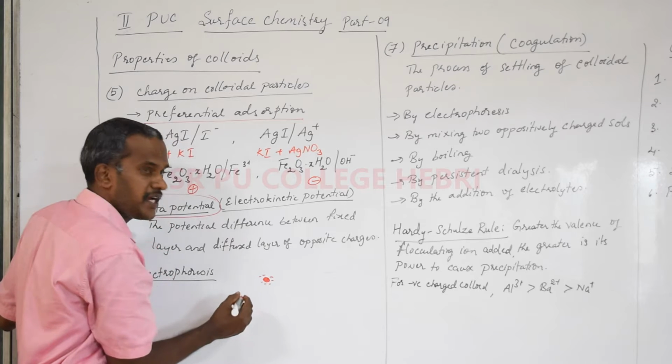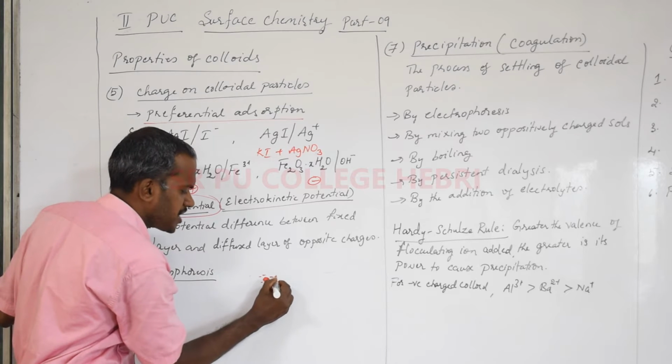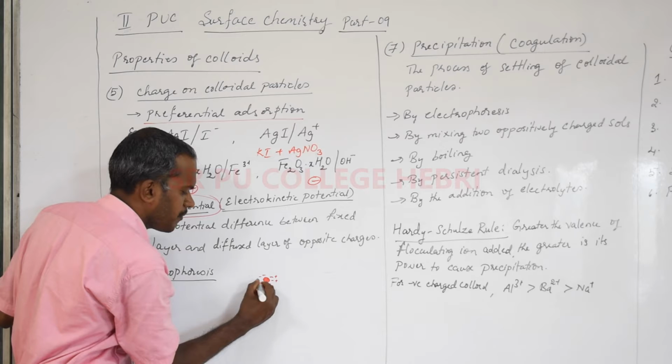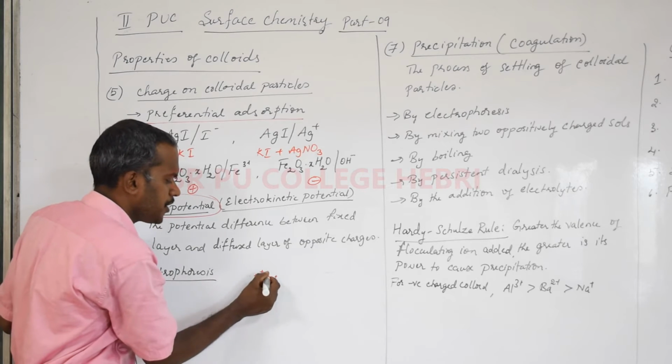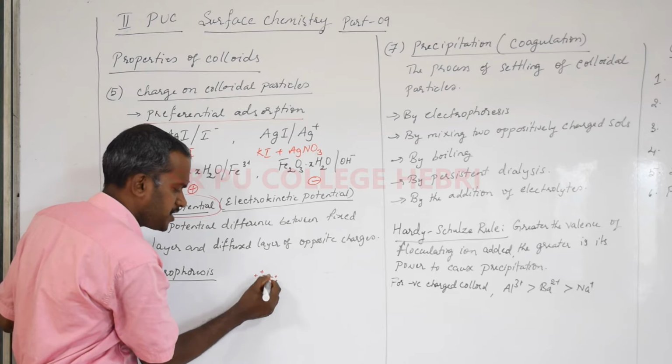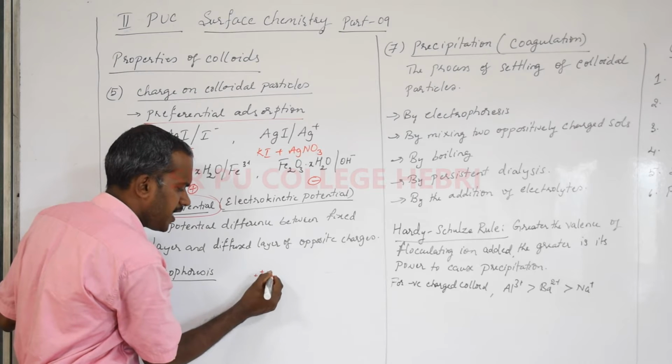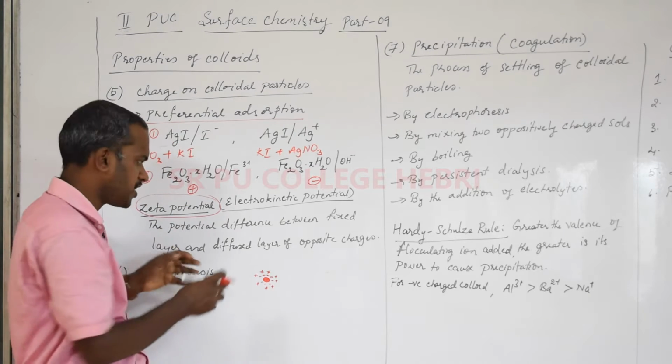Because of the negative charge, the next positive charge will accumulate around that. So there is a formation of a double layer around that particle. Are you understanding? Negatively charged particles accumulate, and then around that positively charged particles accumulate. So there is a formation of a double layer.